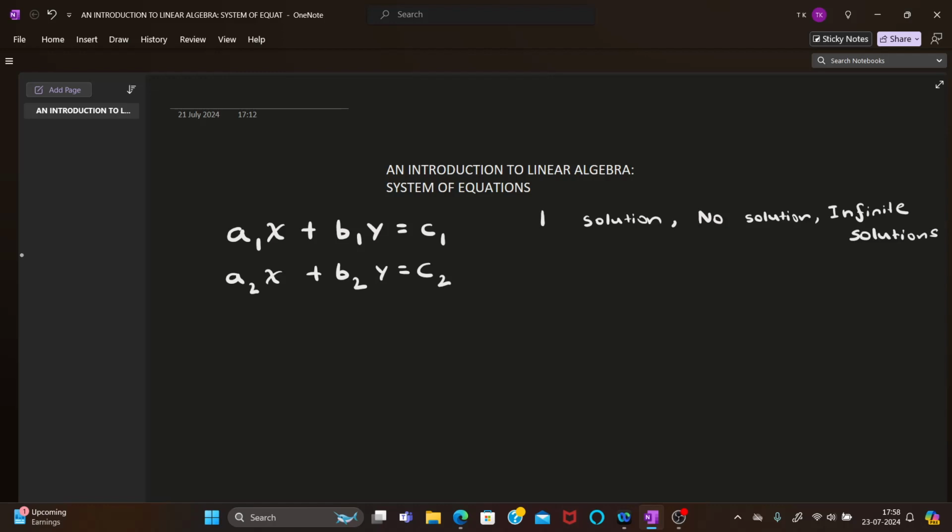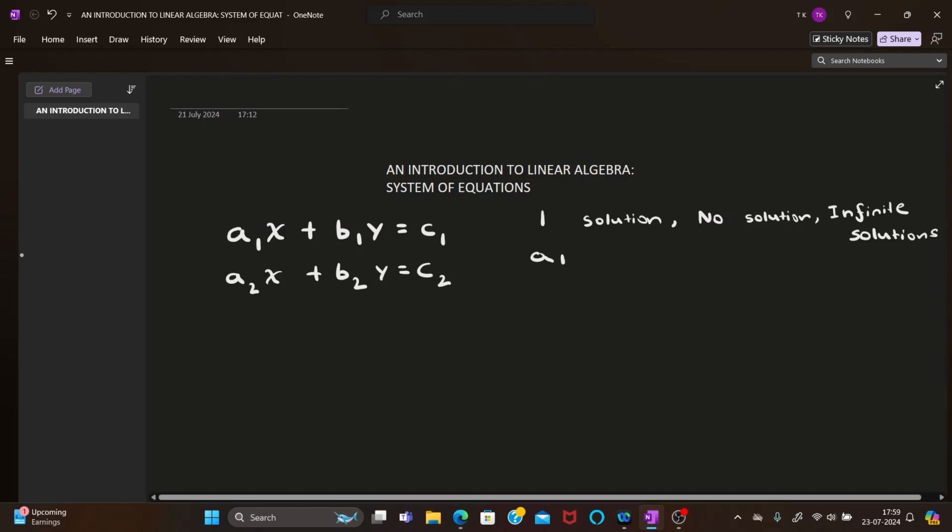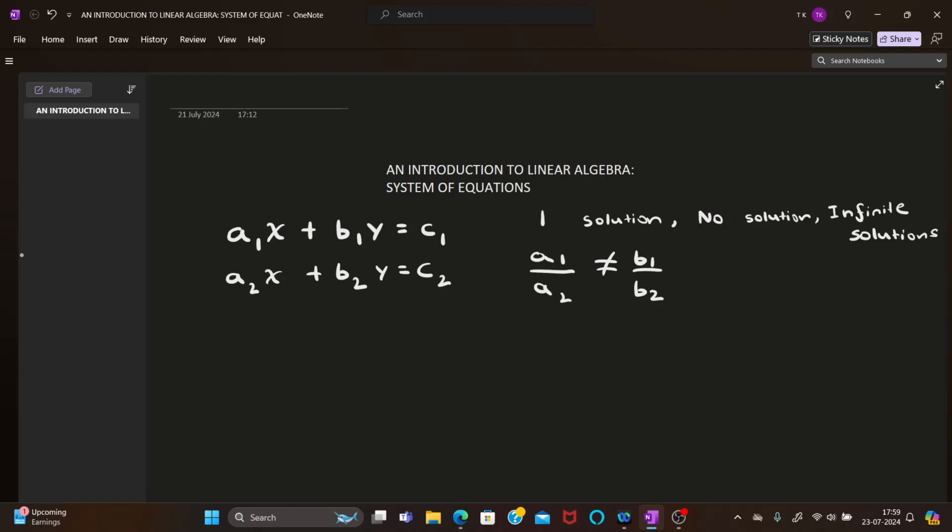So when there's one solution, a specific condition is a1 over a2 will not be equal to b1 over b2. So this is an easy trick to find when the system of equations has one solution.